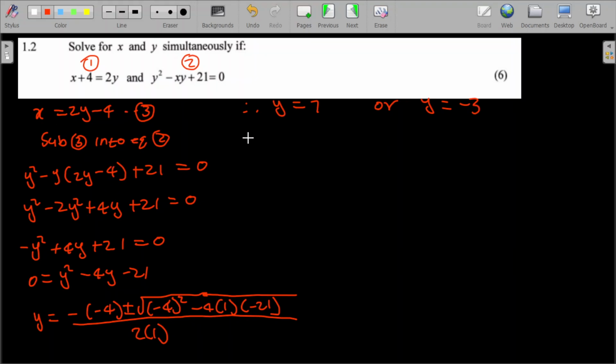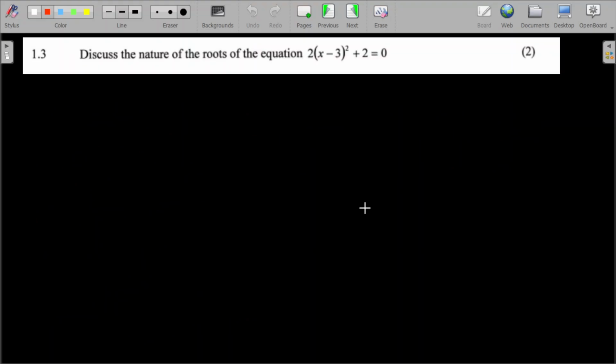Now, x is equal to 2 into 7 minus 4, which gives me 10, and then here it's 2 into negative 3, then minus 4, which gives me negative 10. So yeah, this is the simultaneous equation.